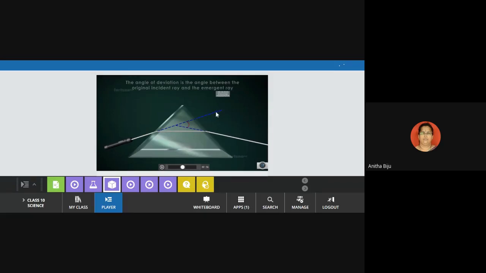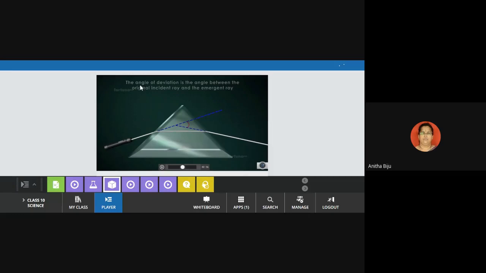Similarly, at the second junction where the second refraction takes place, we have an emergent ray, and this emergent ray is moving out of the prism like this. When we retrace it in this way, it meets at this particular point, and here there is an angle, and this angle is known as the angle of deviation.